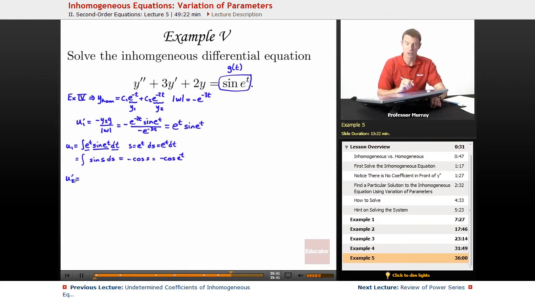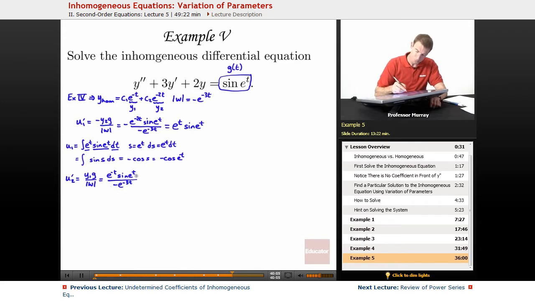Again, using the formulas from the beginning, we have this is y1 g over the Wronskian determinant. Now our y1 was e to the negative t. g is still sine of e to the t. And we're dividing that by negative e to the negative 3t. That's the Wronskian determinant.